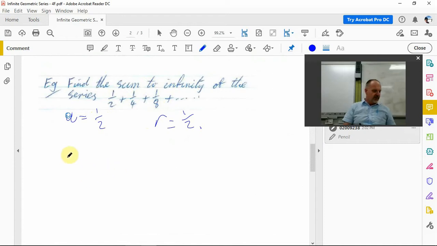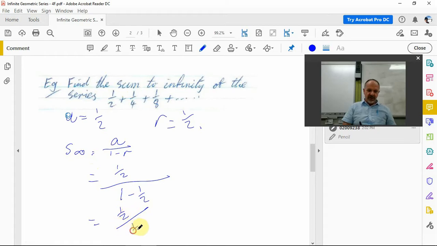So the ratio is a half, and we're asked the sum to infinity. So the sum to infinity is A over 1 minus R, and so that's a half over 1 minus a half, which is a half over a half, which is 1.